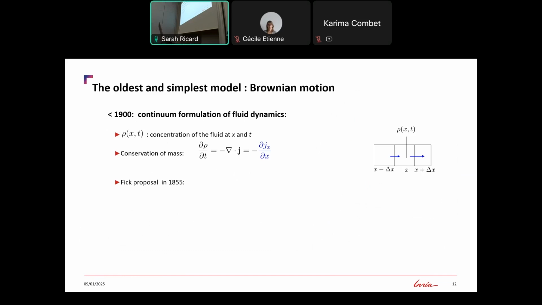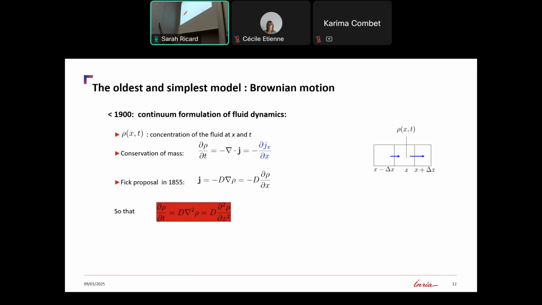Now the question is, how can we express this flux? And the first one to express it was Fick, who proposed in 1855 that the flux would just be proportional to the gradient of concentration, right? So the flux is proportional to the difference in concentration between the positions.